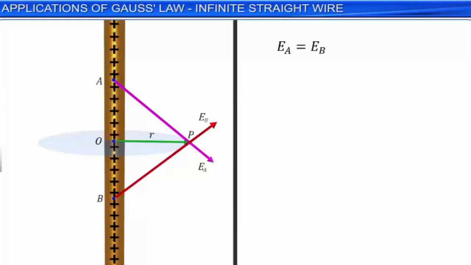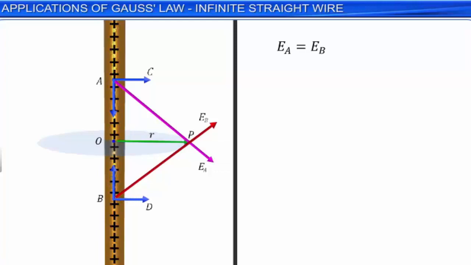EA is resolved along AC and AO, which are along the horizontal and vertical directions. Similarly, the components of EB are along BD and BO, which are also along the horizontal and vertical directions.